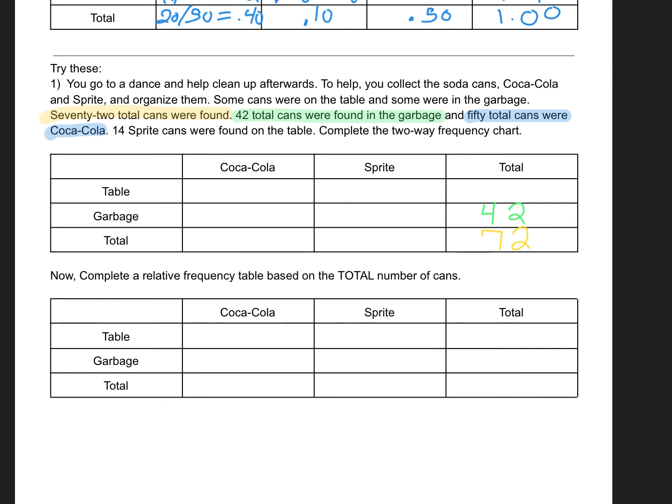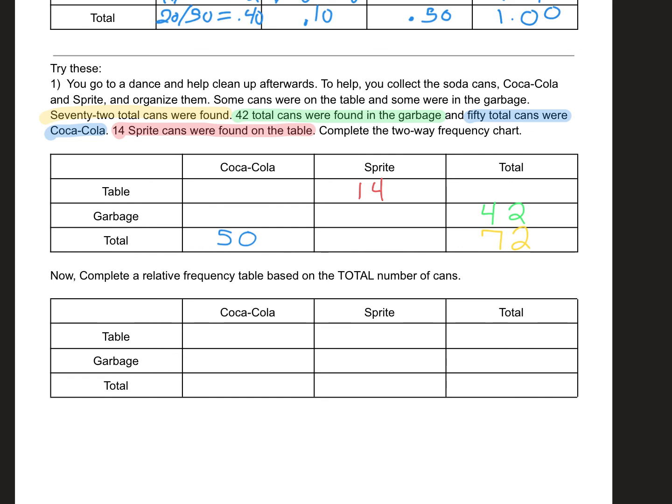Okay, not a problem. I had 50 total Coca-Cola cans. Finally, 14 Sprite cans were found on the table. So Sprite cans on the table was 14.